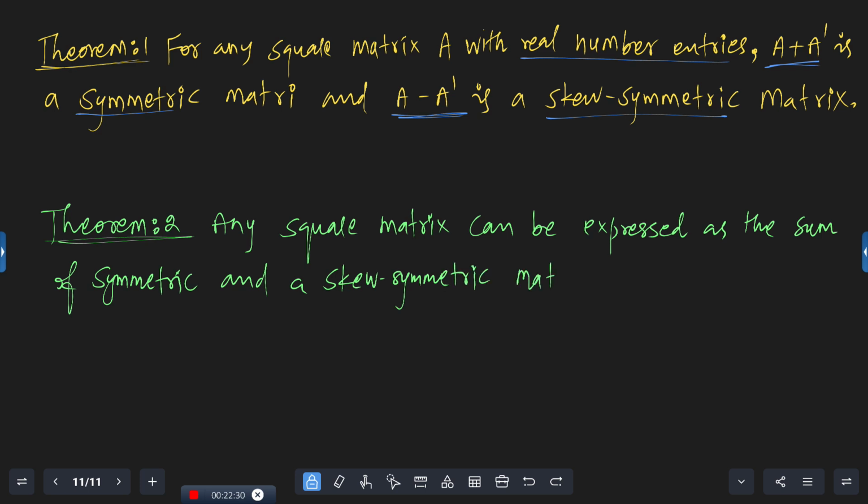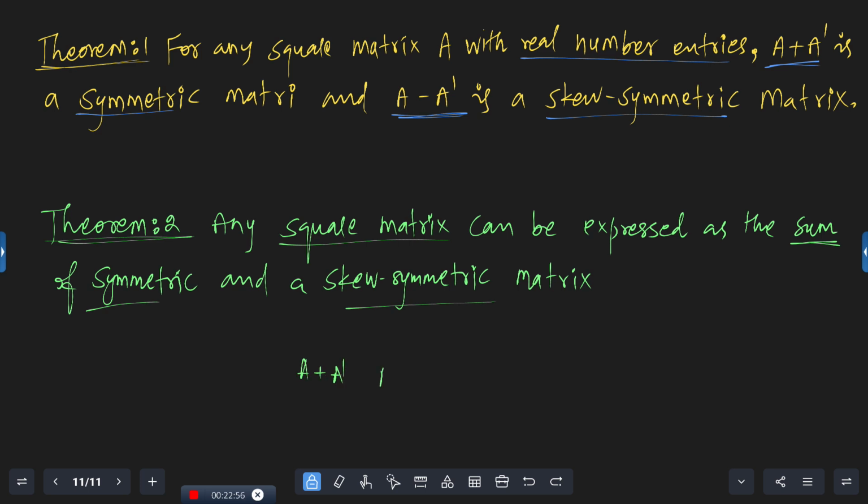Listen to what they are telling here, children. That is the meaning of the statement. Any square matrix you take can be expressed as the sum of symmetric and skew symmetric. Symmetric means A plus A dash.